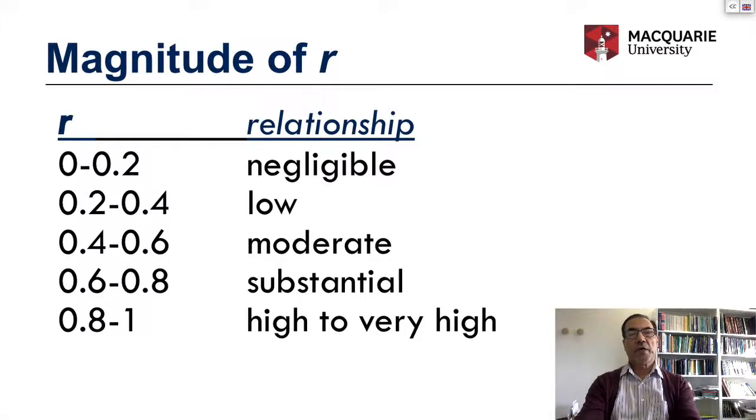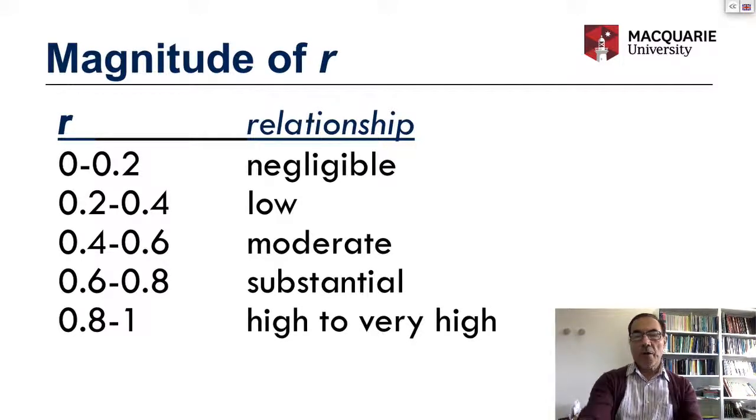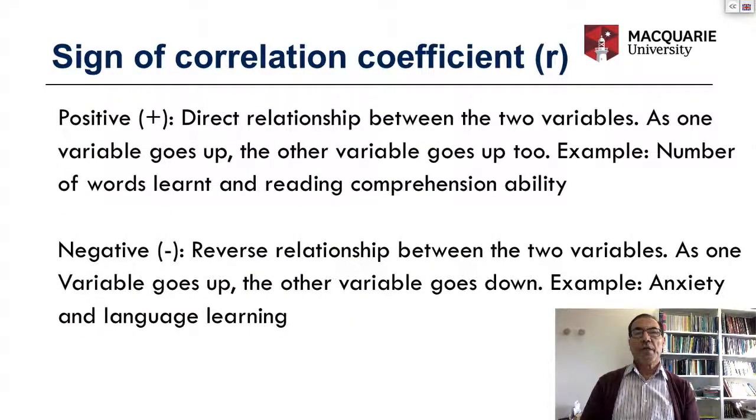As I indicated before, the higher the value or the magnitude of the correlation coefficient, the stronger the relationship between the variables will be. The sign of correlation, as again I explained before, shows direction. A positive correlation coefficient shows a direct relationship between the two variables.